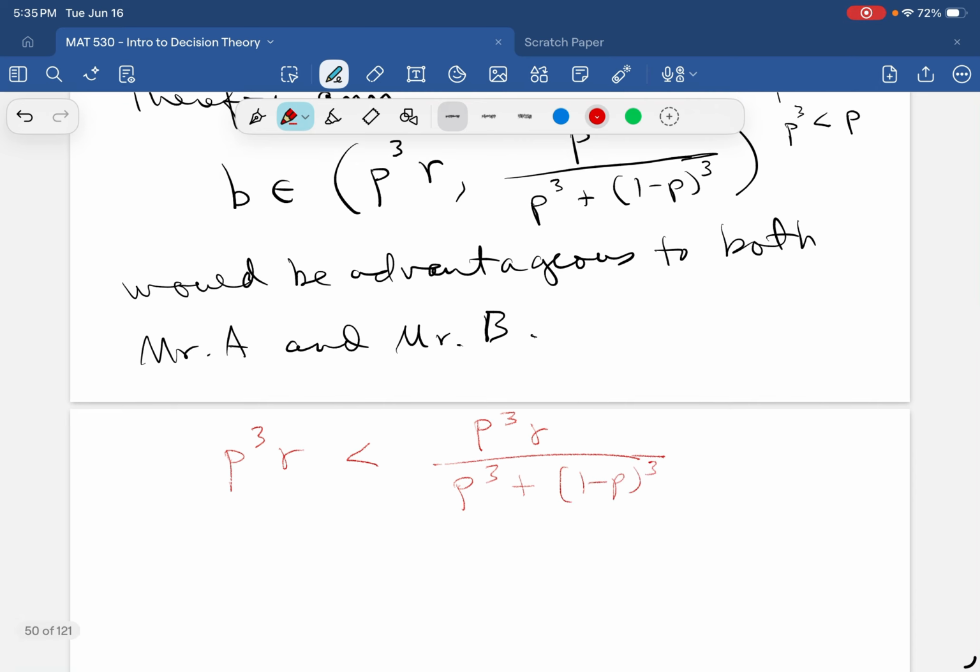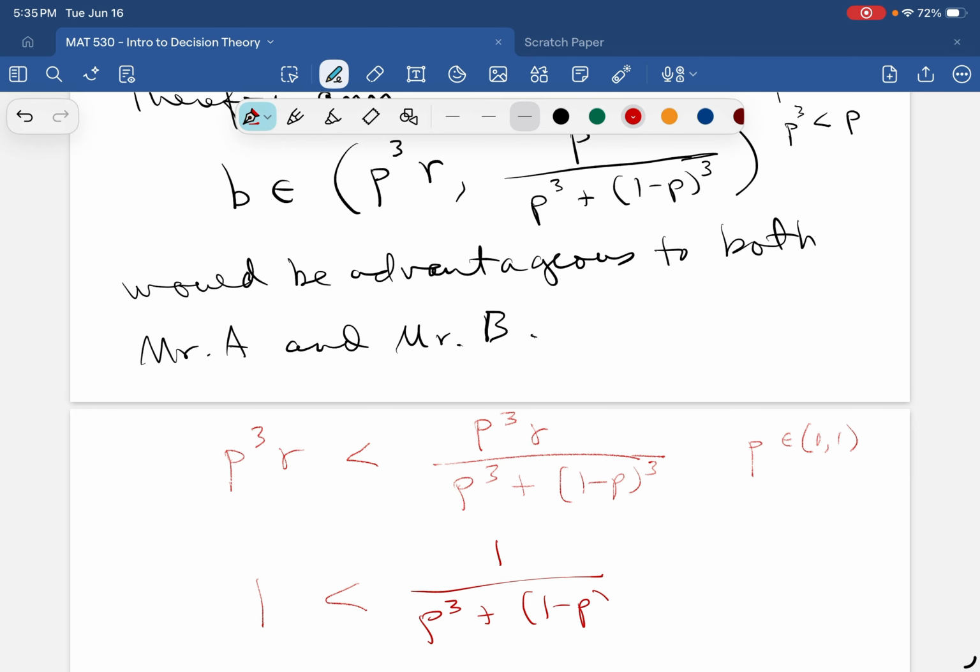Now we're assuming here that P is in the open interval from 0 to 1. So under that assumption, we can divide out the P to the 3rd times the R, and that leads to the condition 1 is less than 1 over P to the 3rd plus 1 minus P to the 3rd.